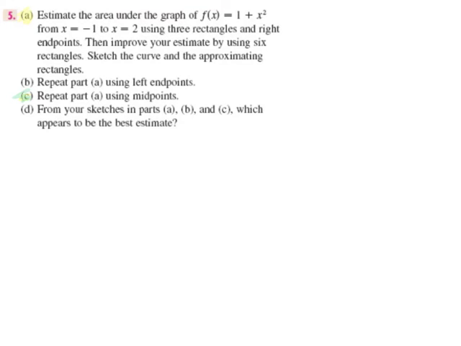Okay, so for number 5, I'm going to hurry this up, so pause a lot if you need to. First thing that I want to do is sketch the curve. Now I have 1 plus x squared. You know what the shape of this is? Let's say this is 1.